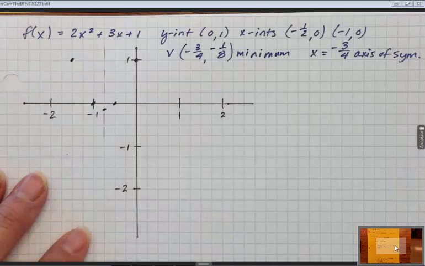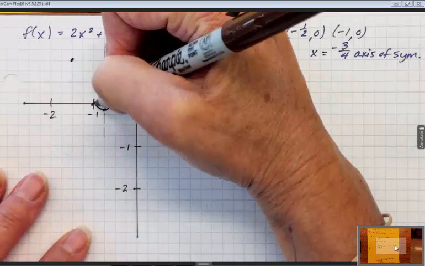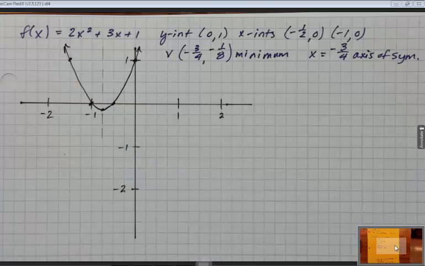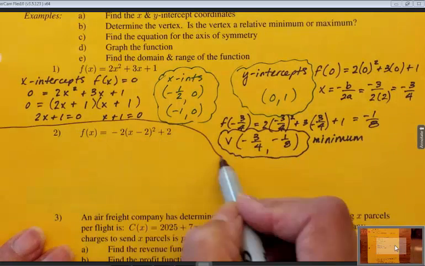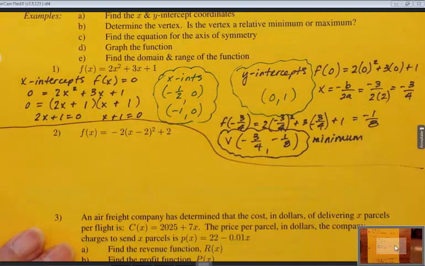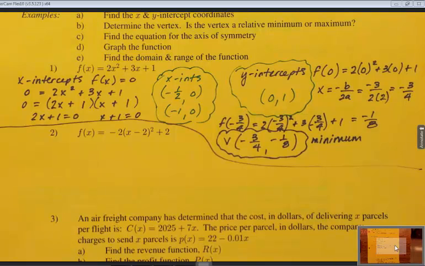Questions on that one? Alrighty, let's move on to the next one. The x-coordinate of my vertex is going to be, take whatever's inside the parentheses, set it equal to 0, 2. So the x-coordinate of my vertex is going to be 2.